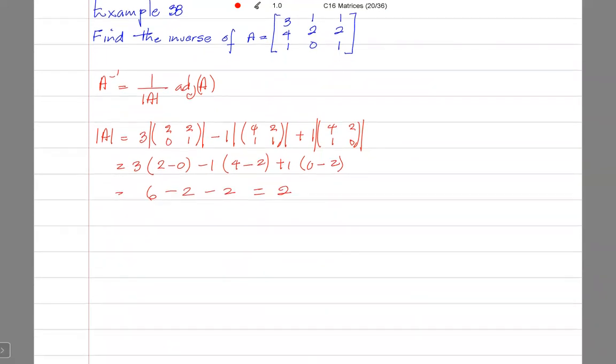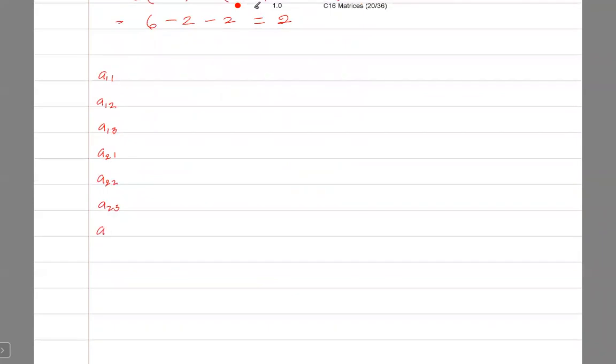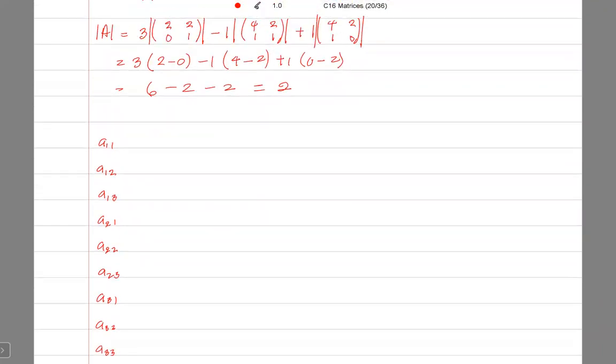Let's get the elements for the matrix of cofactor: A1,1, A1,2, A1,3, A2,1, A2,2, A2,3, A3,1, A3,2, A3,3. All right, those are all of them.